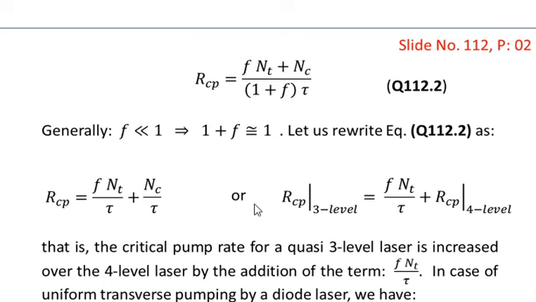Or we can write this as the critical pump rate for a 3-level laser system, because this expression is for a 3-level laser system. So this RCP is for a 3-level quasi laser system, and it is equal to F times Nt over tau plus RCP for a 4-level system, because Nc over tau is the critical pump rate for a 4-level laser system.